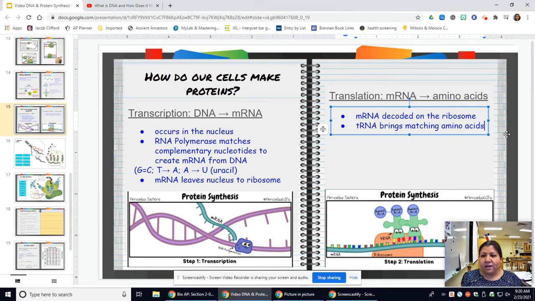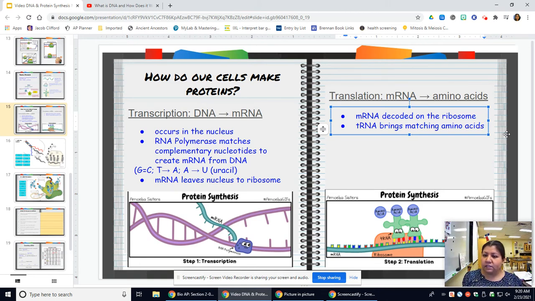So how do the tRNAs know what amino acids to bring? If we're looking at our mRNA, we group it into sections of 3, and those sections of 3 are called codons.